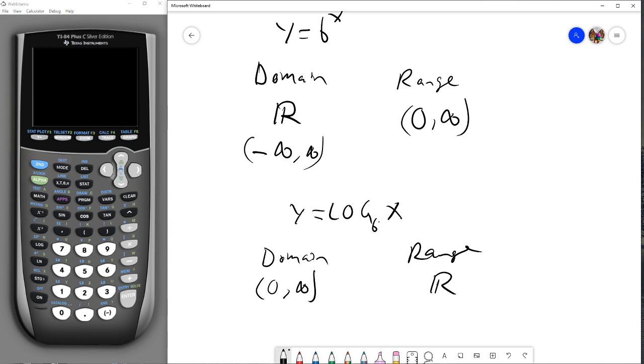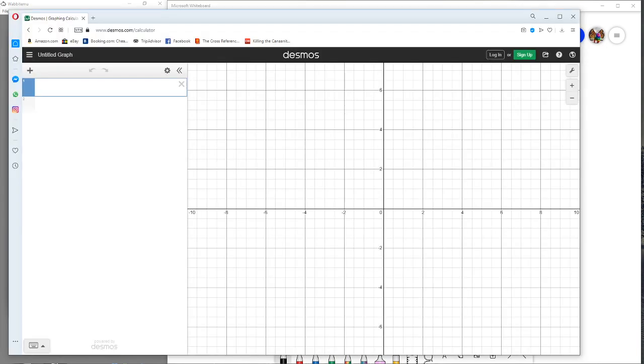Now let's go ahead and look at the graphs. Here is lovely Desmos. Y equals, how about, we'll just use 5 to the x as an example. So we can see our horizontal asymptote. What's happening is as the x values become negative, what you have is 1 divided by 5 to the x, which means our values get really small really quickly.